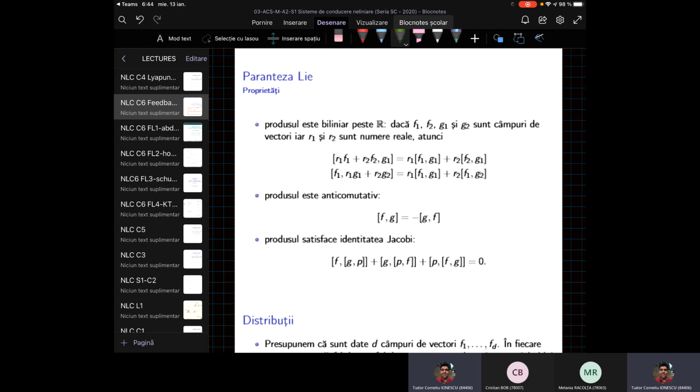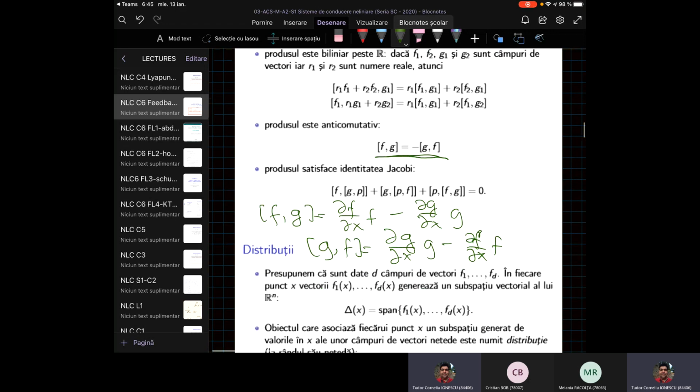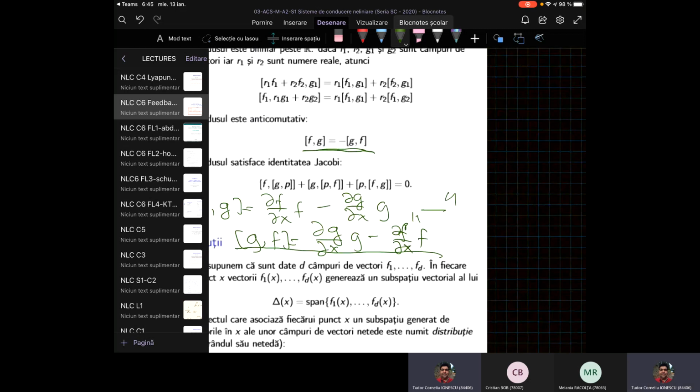And also, it's not commuting, but it's anti-commuting. You can try to prove this yourself. So the bracket of f and g is df dx f minus dg dx g, and the bracket of g and f is dg dx g minus df dx f.